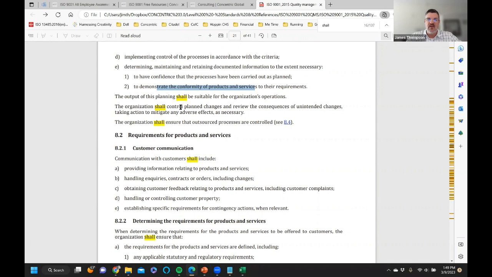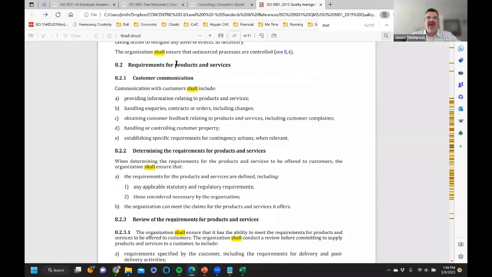The organization shall control planned changes and review the consequences of unintended changes, taking action to mitigate any adverse effects as necessary. And the organization shall ensure that any outsourced processes that you use are controlled.